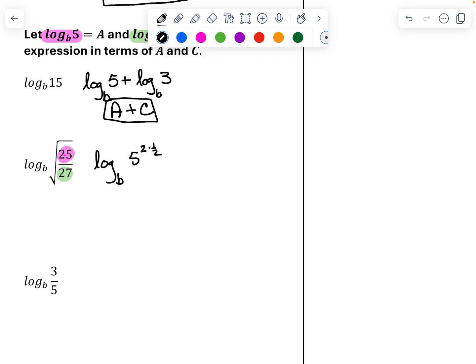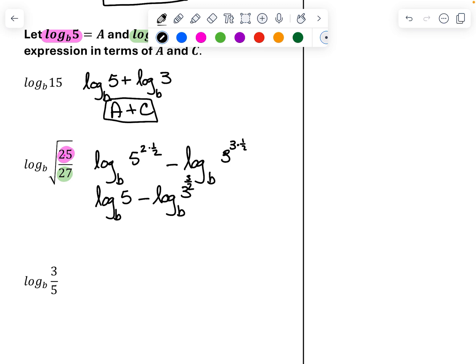So that's going to end up being 1. And then minus log b of 3 to the 3rd power, and then it's in the square root, which is 1/2. So that would be log b 5, because 2 times 1/2 is 1, minus log b 3/2.